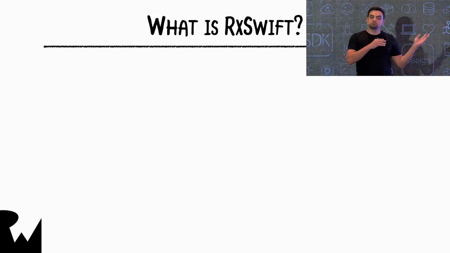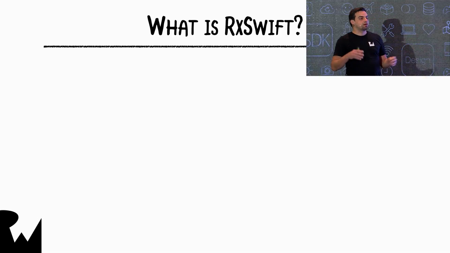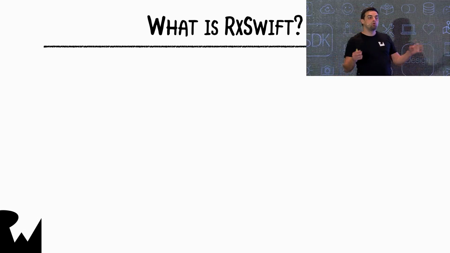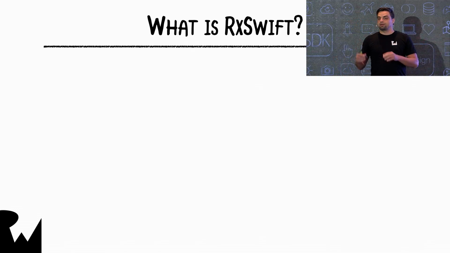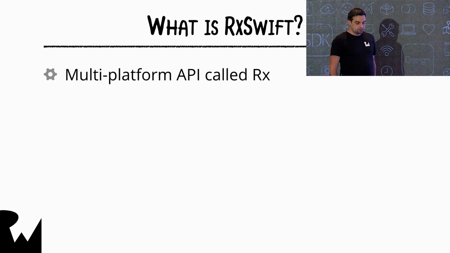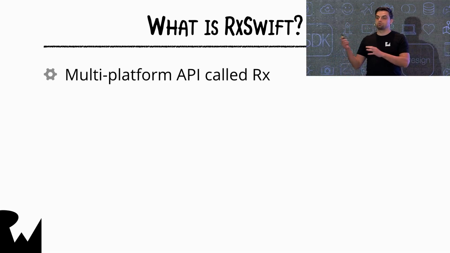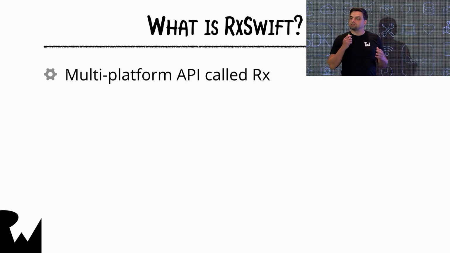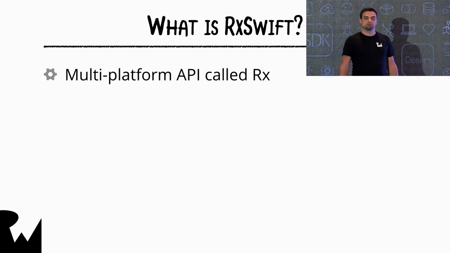So we have RxSwift for iOS, we have RxRuby, RxPython, RxJavaScript, and so forth. And they all implement the same API. And the good thing is that since it's the same API and the concepts are the same, you can just talk to your colleagues who are doing JavaScript on the web and discuss logic and things like that with them, because the API works exactly the same. Of course, with slight differences according to the language, right?